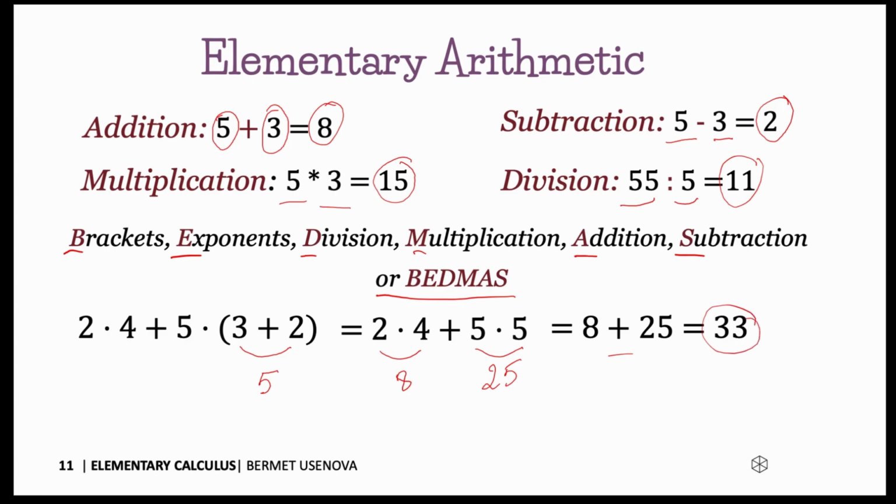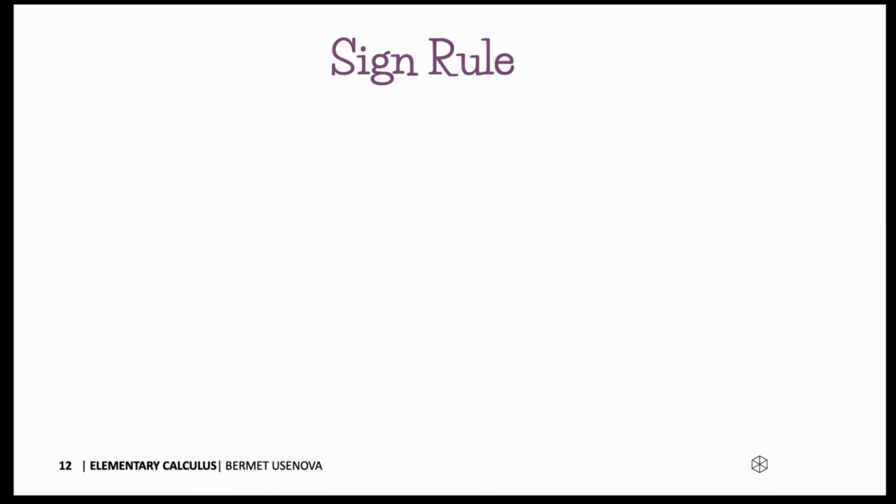While performing these operations, it's very important to remember the sign rules. So what are the sign rules? Firstly, the additive inverse of a negative number is a positive number. This is very important to remember. Also, we can rewrite a subtraction as a sum of a positive and a negative number, and vice versa.